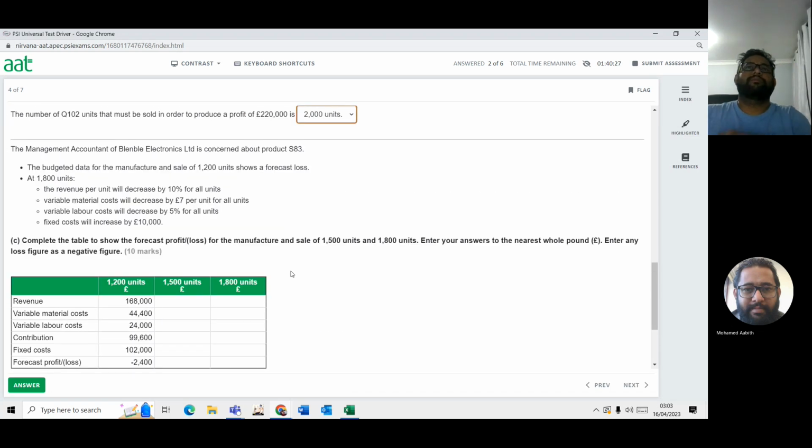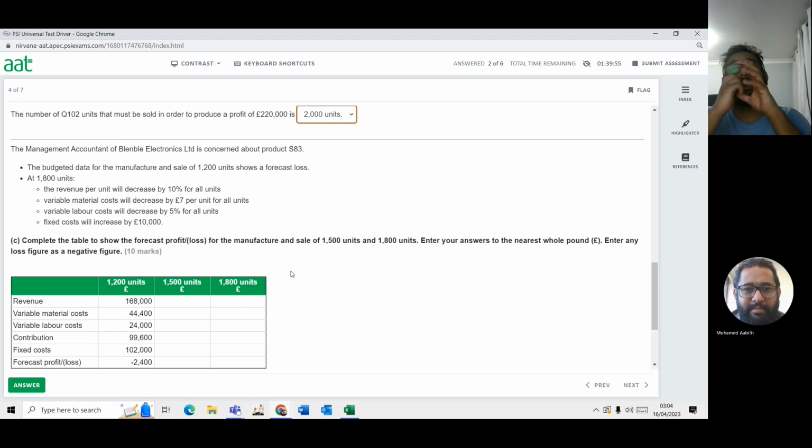Now let's look at the next one. The management accountant of Blendable Limited is concerned about product S83. The budgeted data for the manufacture and sale of 1,200 units shows a forecast loss. At 1,800 units, the revenue per unit will decrease by 10% for all units. The variable material cost will decrease by £7 per unit for all units. £7, not 7%, £7.